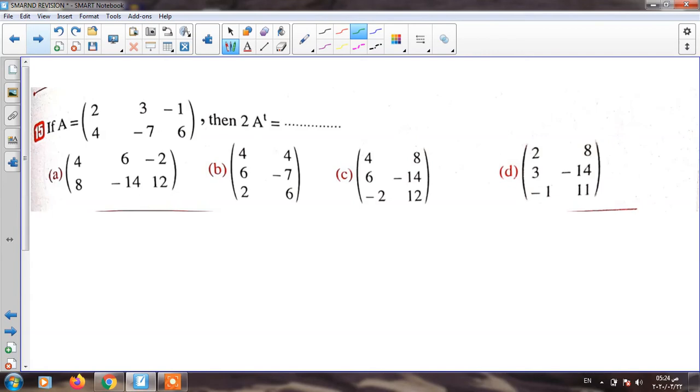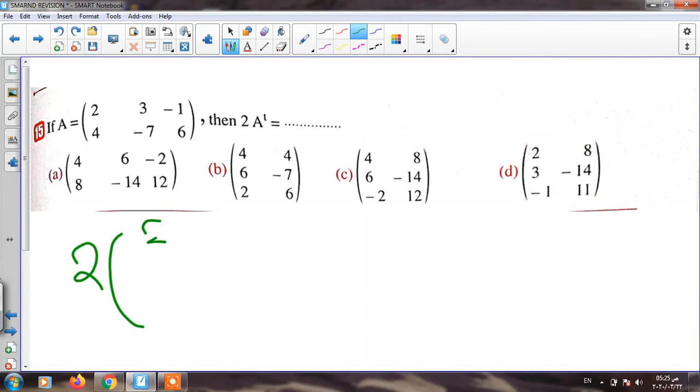Damn corona. This is A, 2 and 4, and 3 and -7 and -1 and 6. Find A plus A transpose. This is an easy question. It's 2, and for A transpose, we change places, change the rows as columns, and vice versa.